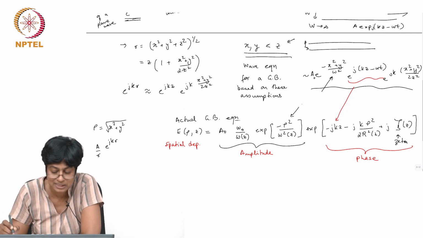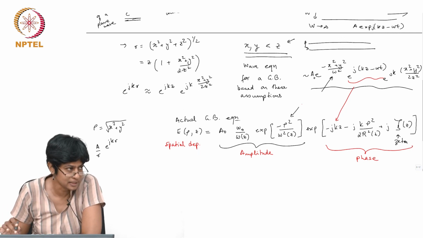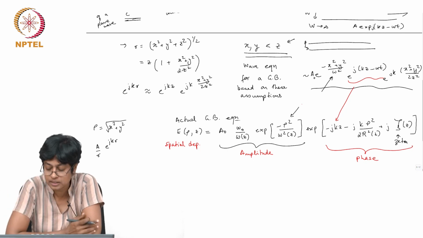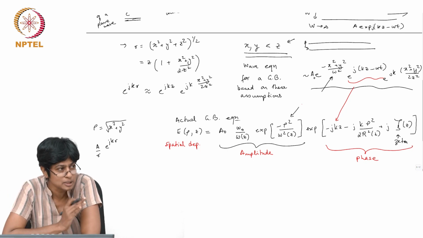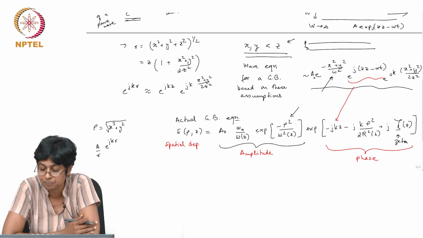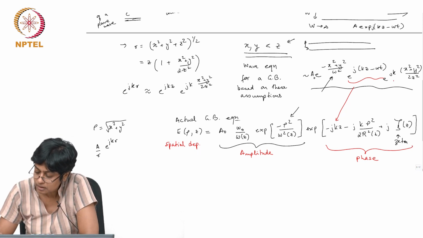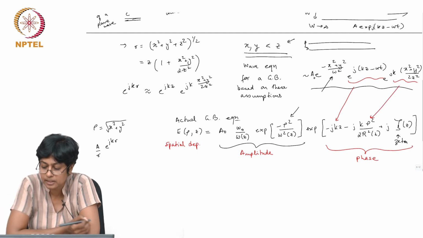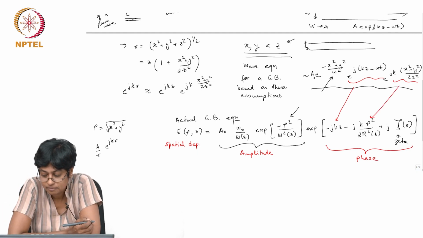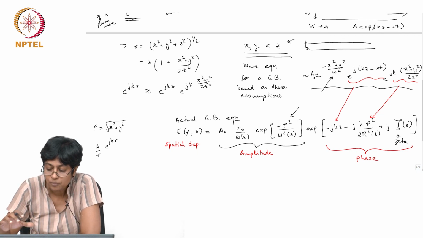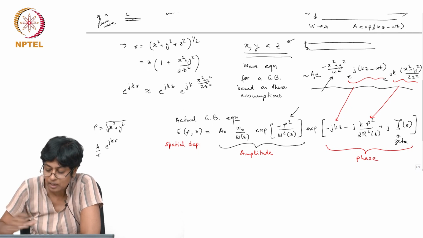So that's why you don't see the term minus j omega t. I can write that. It doesn't give me any information about the spatial extent of the wave. So this has been taken into account here, right? So I have expressions which take into account some of the phase varying terms in my Gaussian beam.